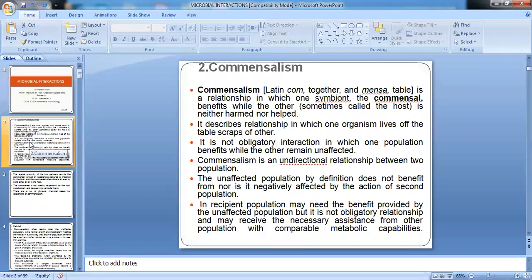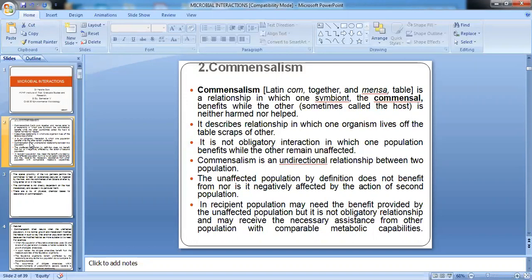Commensalism is an association in which both the species are positively benefited. But this association is not a compulsory association. In absence of the association, both the species can survive. Commensalism in Latin, com means together and mensa is a table.